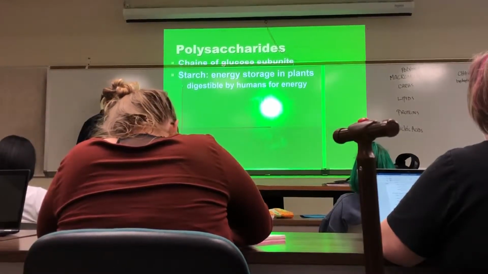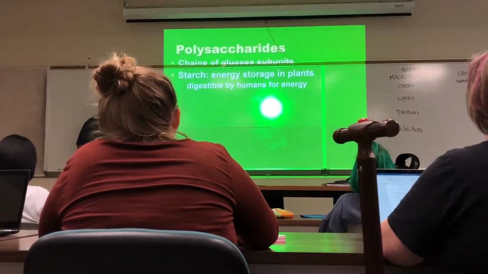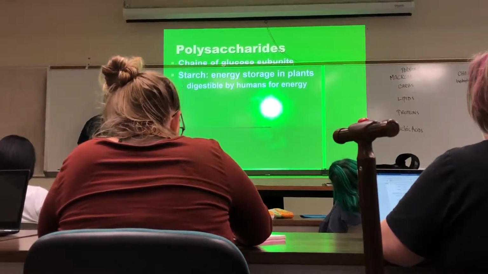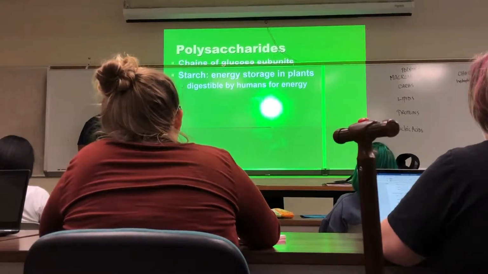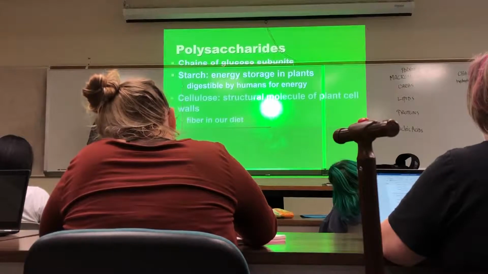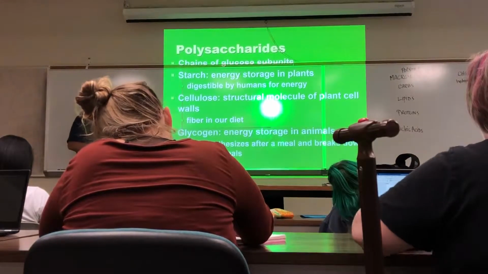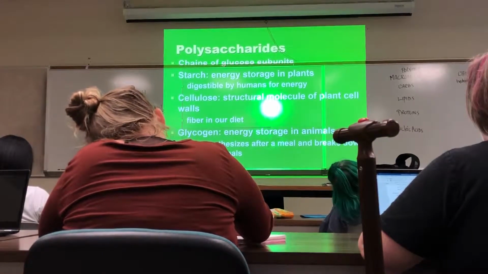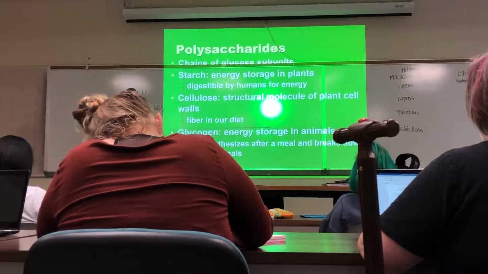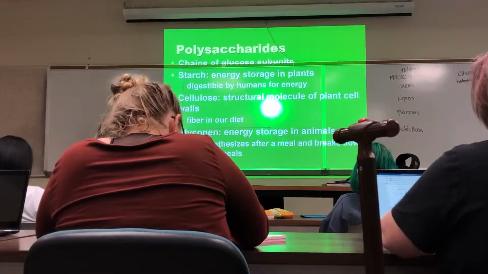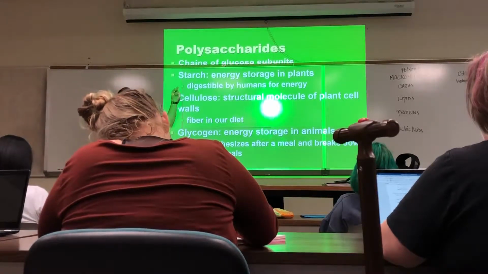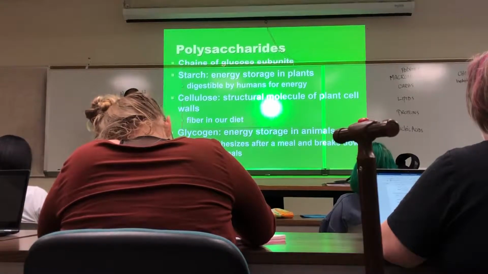So when we think of function, it's a storage structure in plants. So we eat potatoes and whatever that have starch. In humans, the form is called glycogen. Glycogen is what we store our glucose in, in our liver. So glycogen is the human storage tank for carbs. Starch is the plant version.